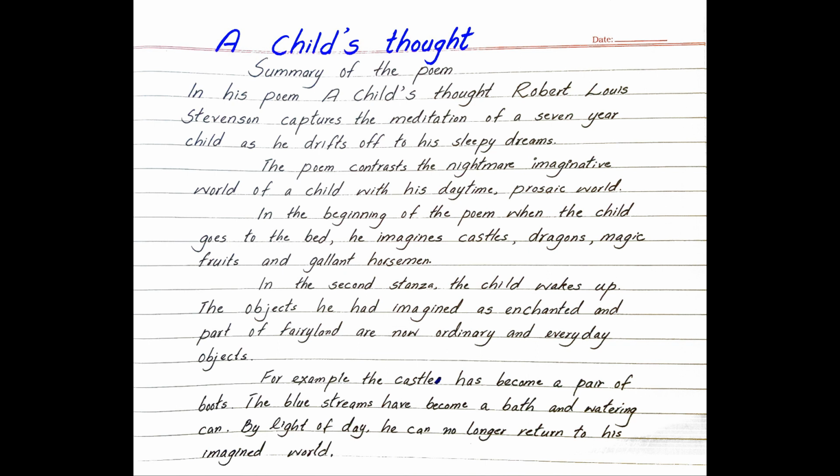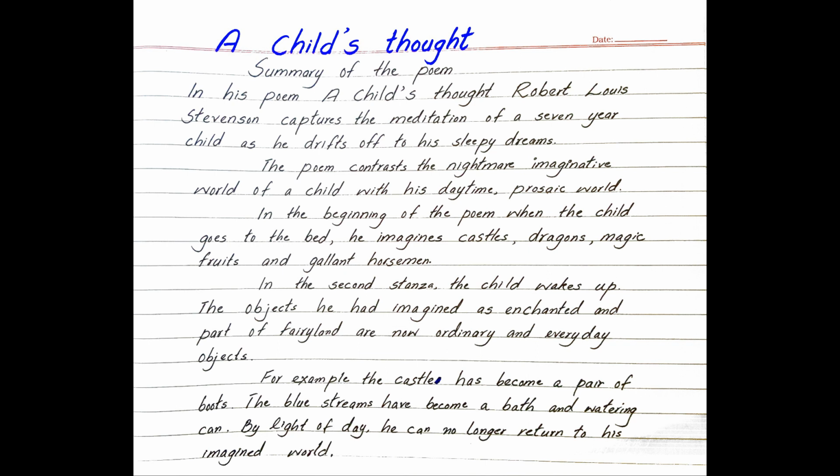Students, in his poem A Child's Thought, Robert Louis Stevenson captures the meditation of a 7-year-old child as he drifts off to his sleepy dreams. The poem contrasts the nightmare, imaginative world of a child with his daytime prosaic world.